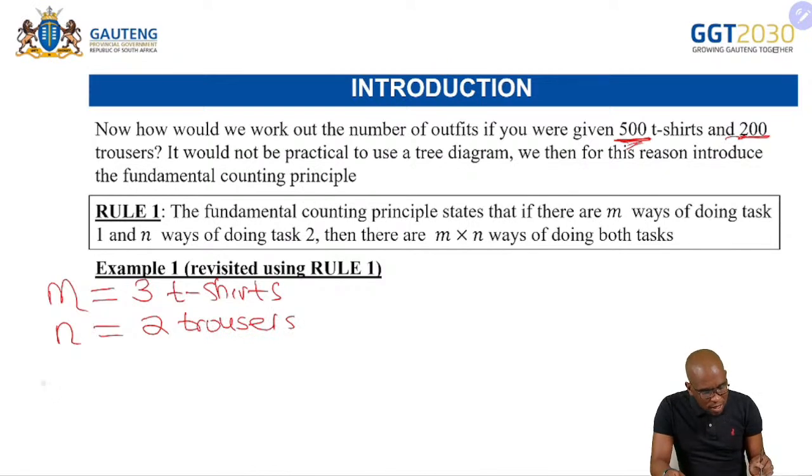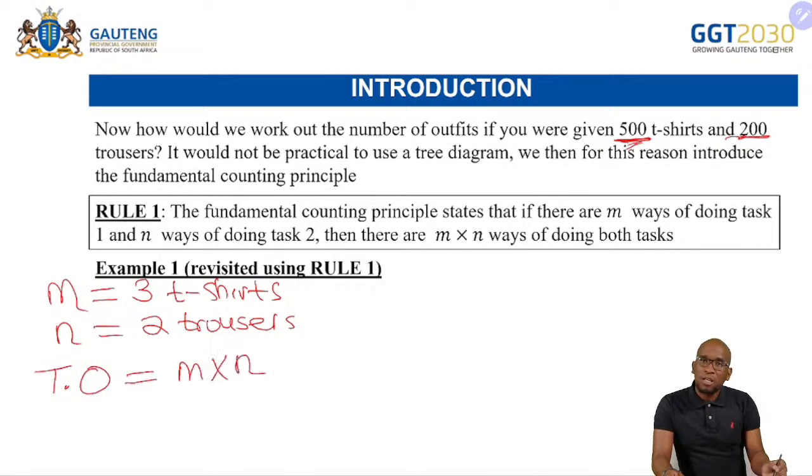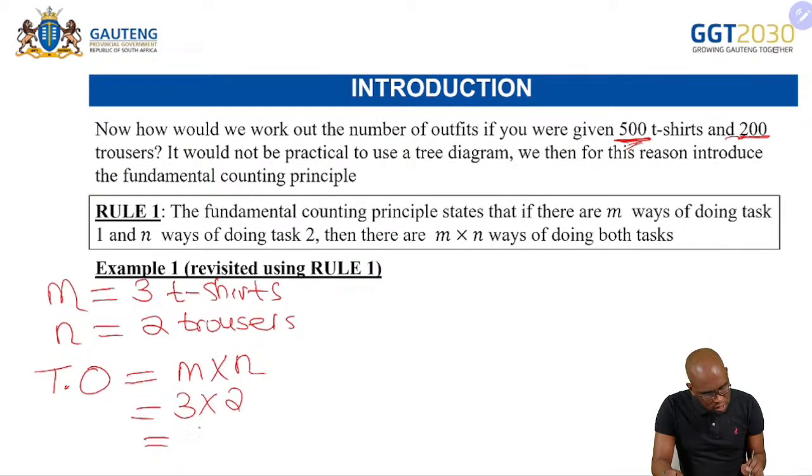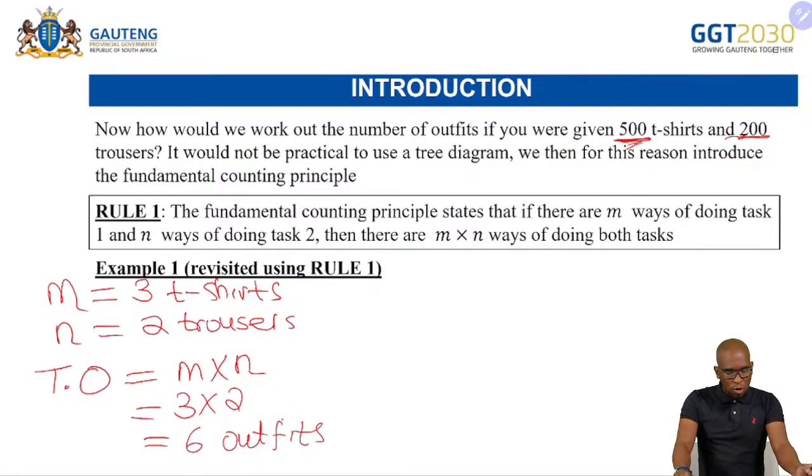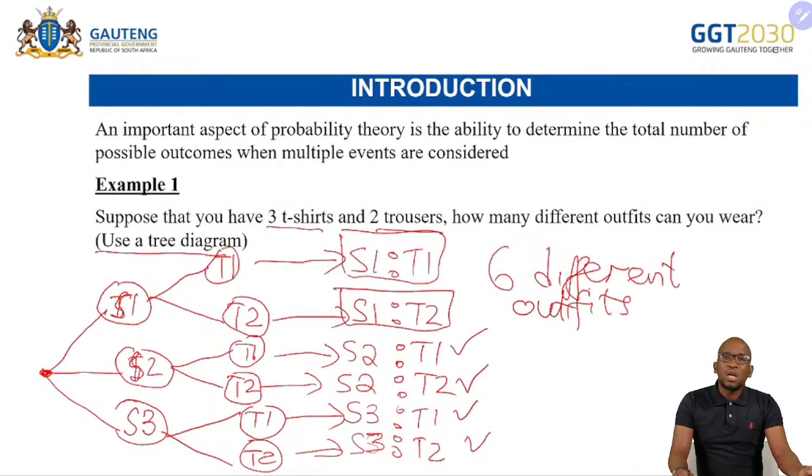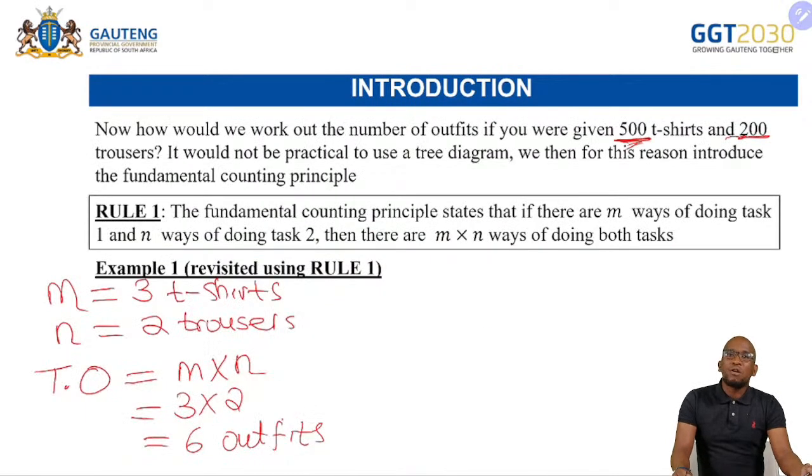According to the fundamental counting principle, the total number of outfits would be given by m times n, which means 3 times 2. This gives us 6 possible outfits. It's the same as what we got when we used our tree diagram, but now we are making use of the fundamental counting principle.